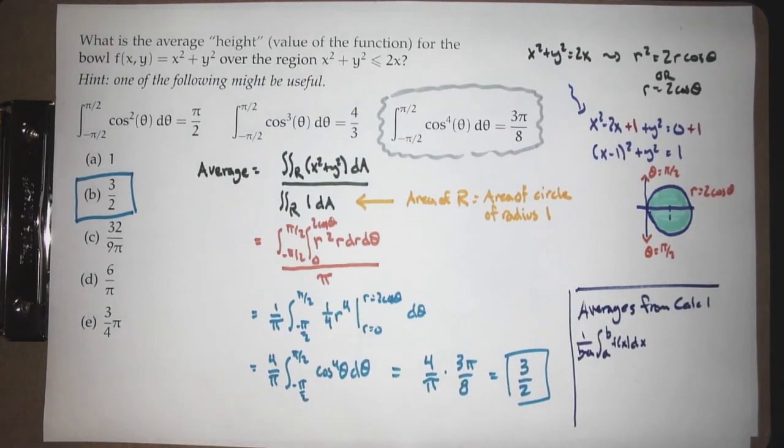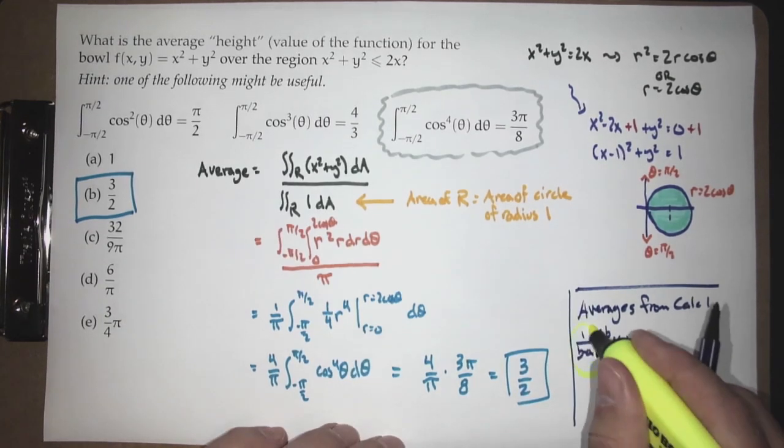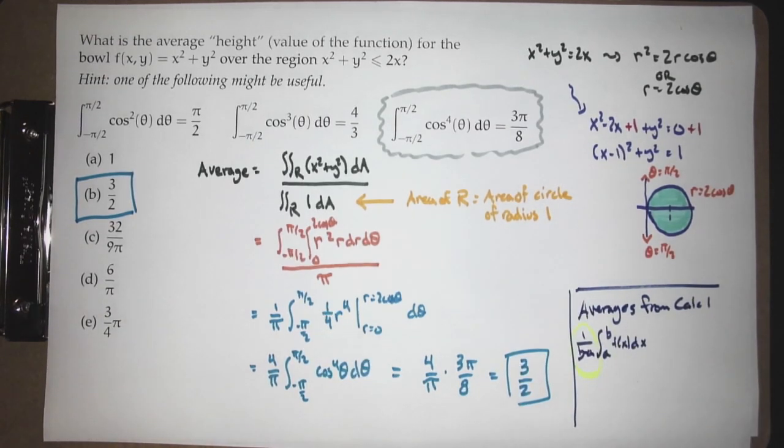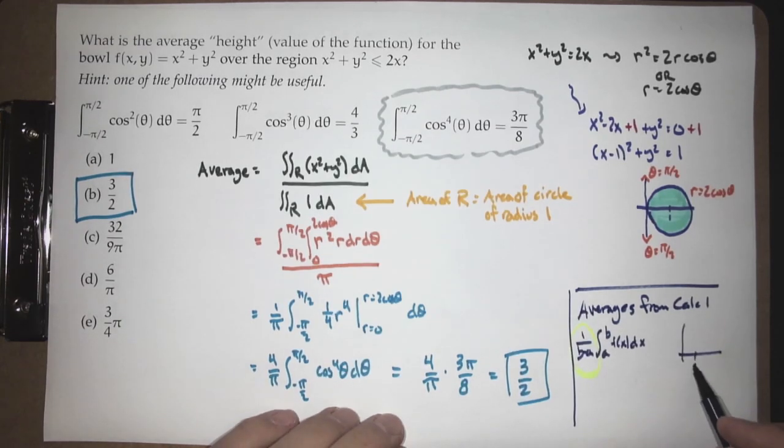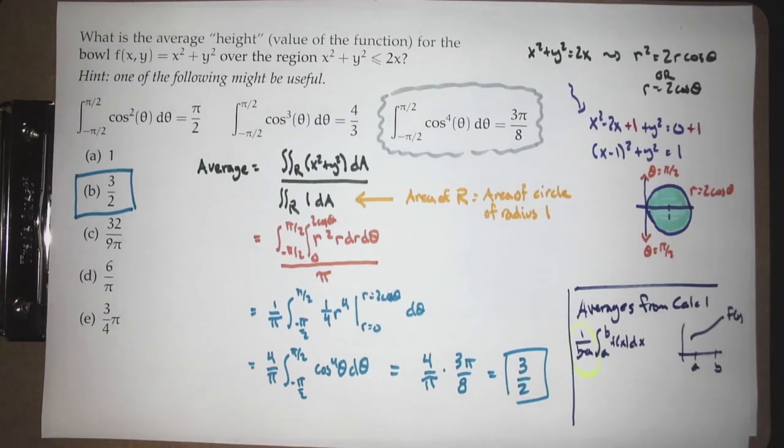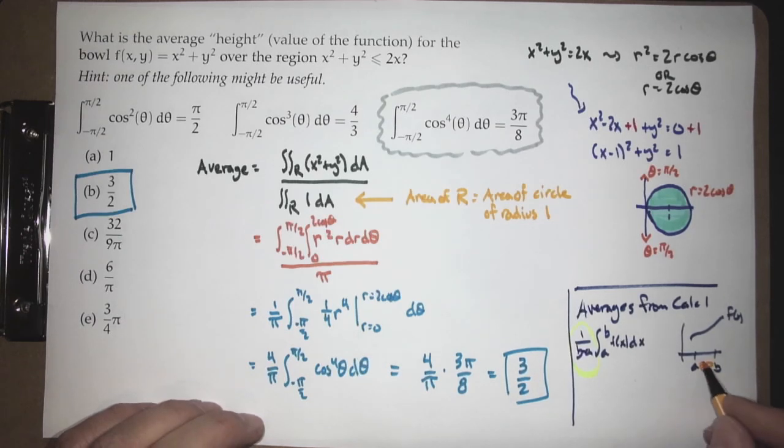Now the question is, what is this 1 over b minus a doing? If you think about it for a second, what is b minus a? You're going from a to b, you have your function, here's your f of x. So b minus a, that's the distance between a and b.